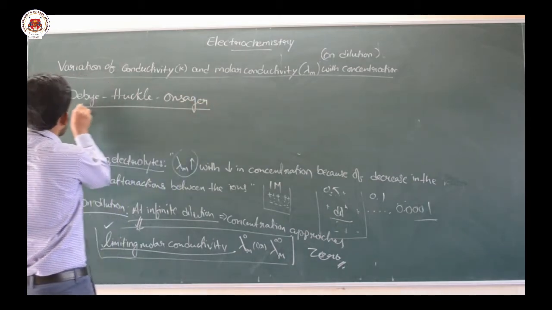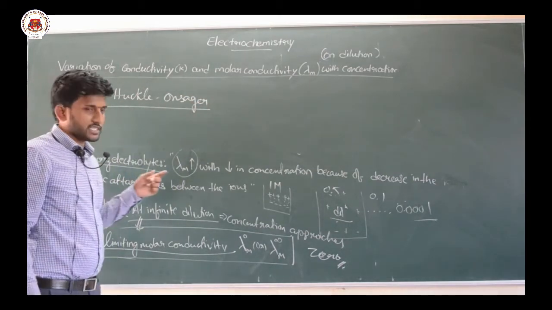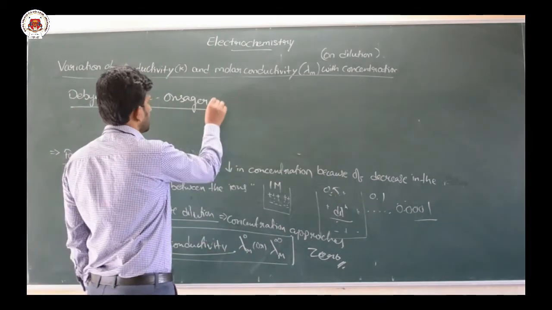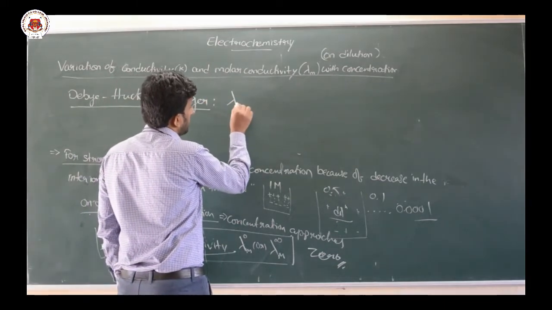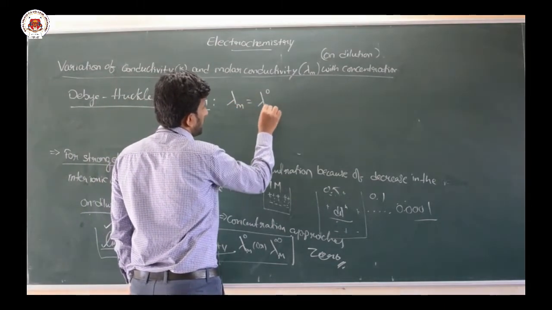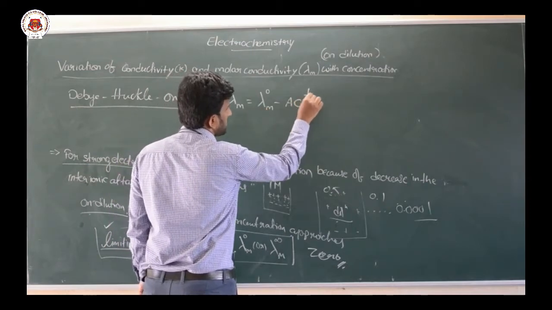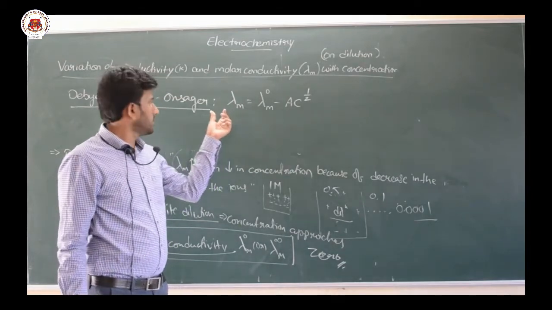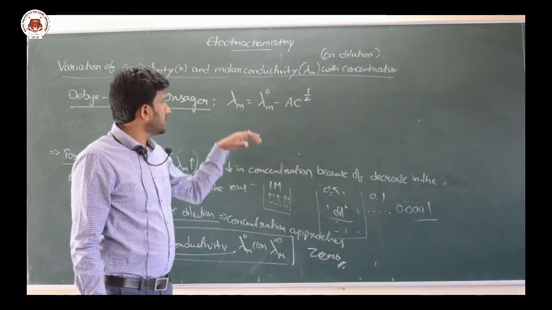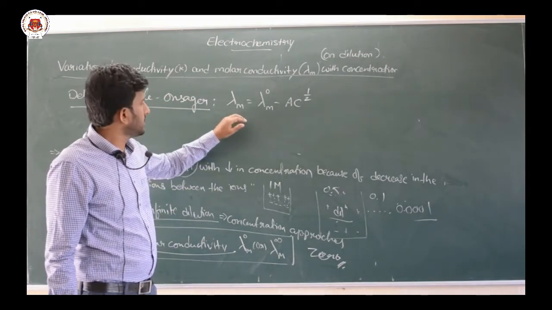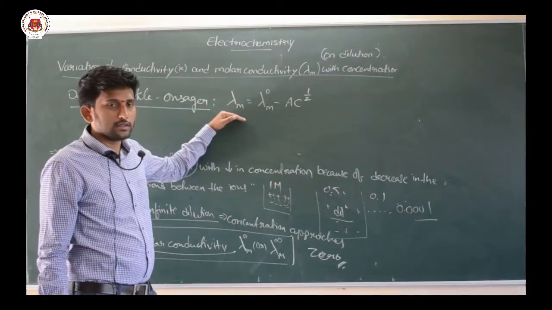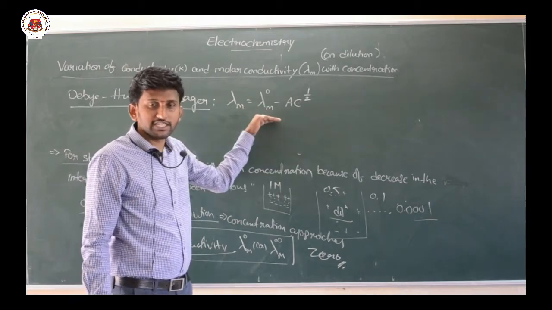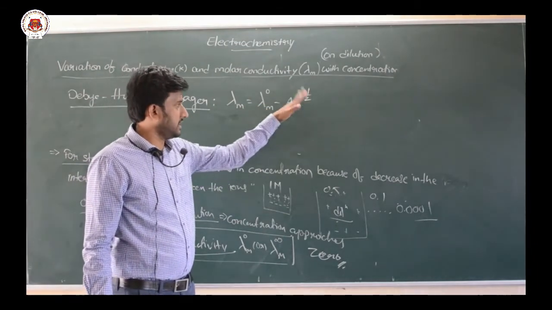For strong electrolytes, the relation between the normal molar conductance and the limiting molar conductance is explained by lambda m is equal to lambda naught m minus A C power half. This equation is called the Debye-Huckel-Onsager equation. What does it give? It gives a relation between the normal molar conductivity at any given concentration to limiting molar conductivity minus A C power half.